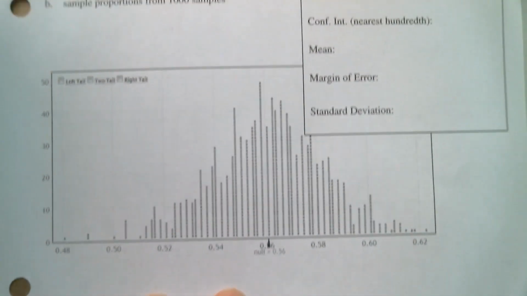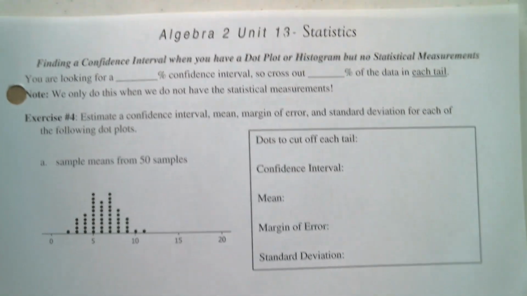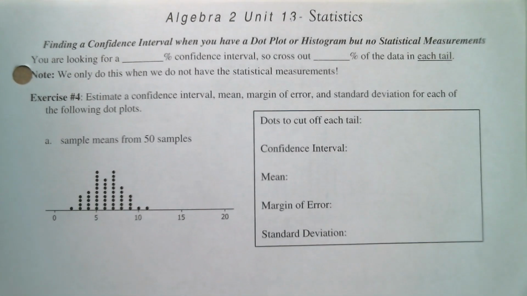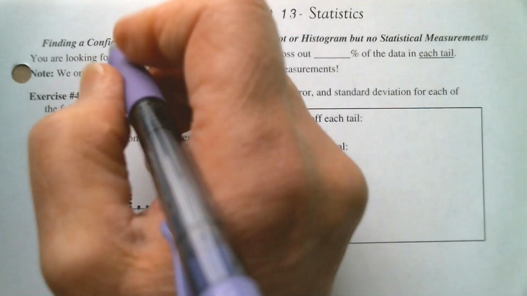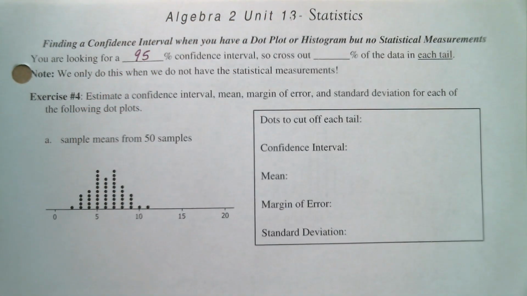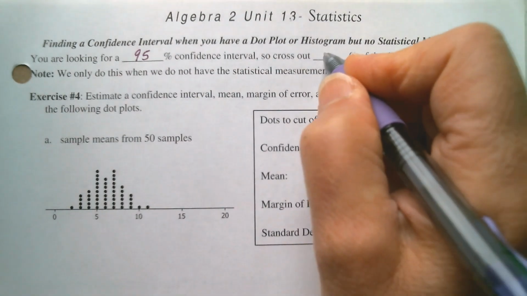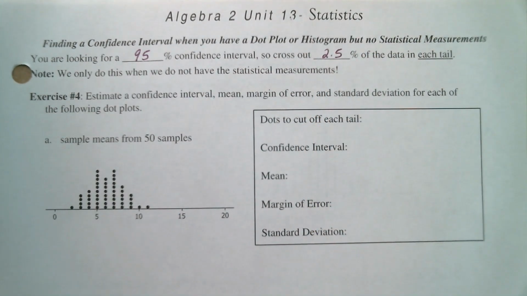Okay, now the last thing, finding a confidence interval when we have a dot plot or histogram, but no statistical measurements. So you are looking for a 95% confidence interval. So cross out 2.5% of the data in each tail.